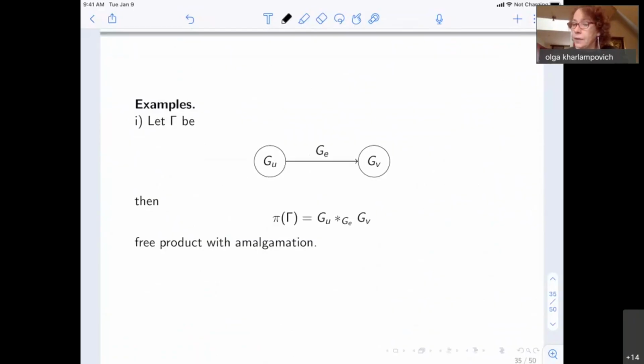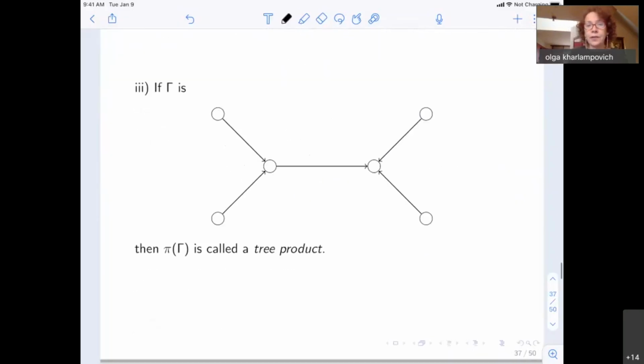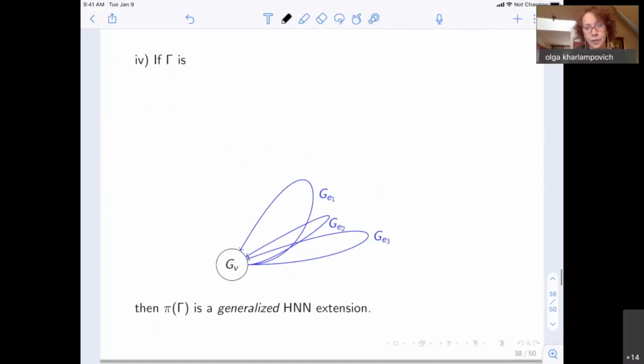If the graph is a loop, one vertex in the loop, then we have an HNN extension, which we can also denote like this, the HNN extension of G_V. Now, if the graph is a tree, then the fundamental group is called a tree product. So we basically just take amalgamated products along all these edges. Now, if you have many loops and one vertex, then we talk about the so-called generalized HNN extension.